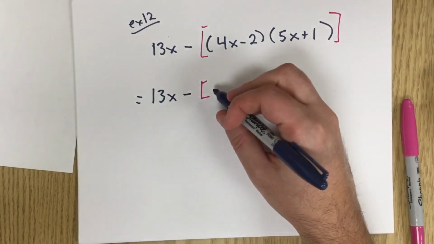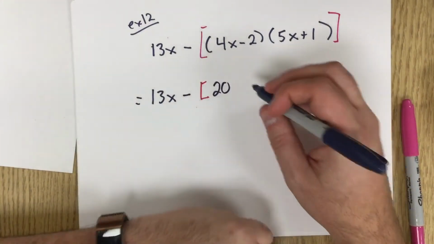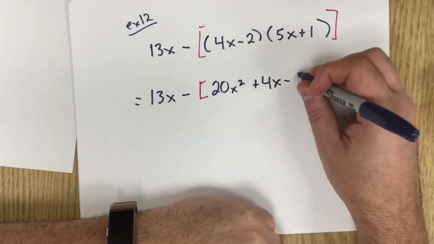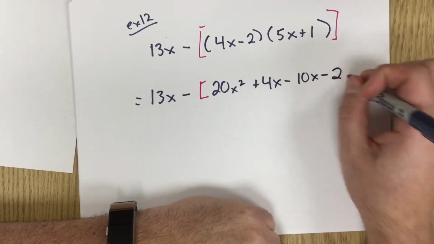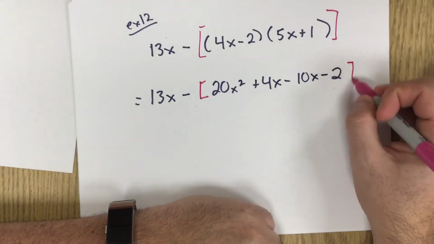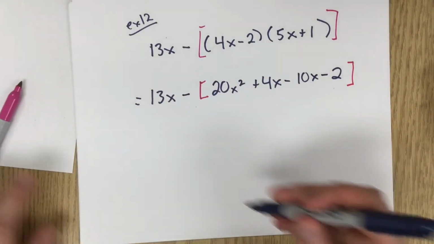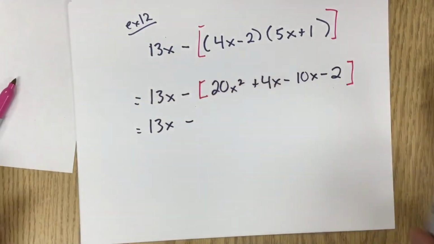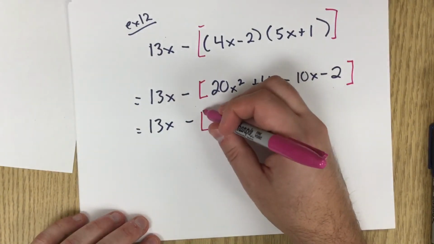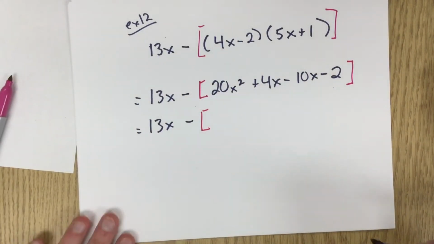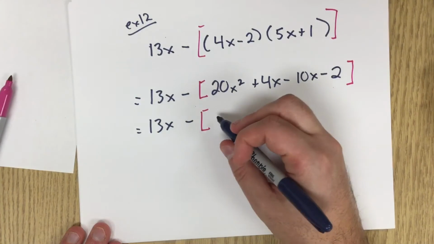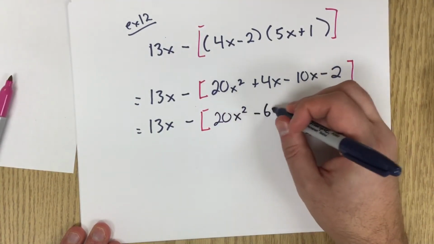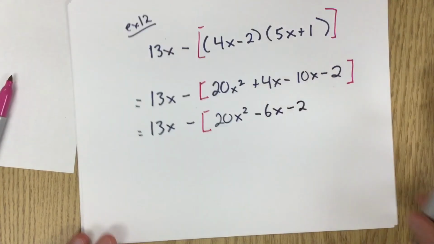So it's 13x minus 20x squared plus 4x minus 10x minus 2, which then becomes 13x minus 20x squared. 4 minus 10 is minus 6x minus 2.